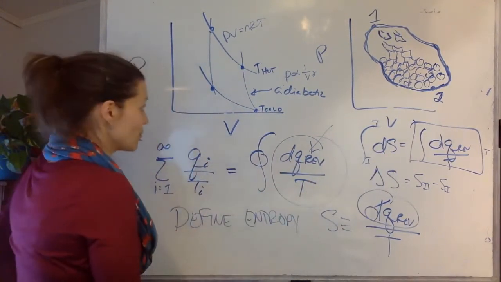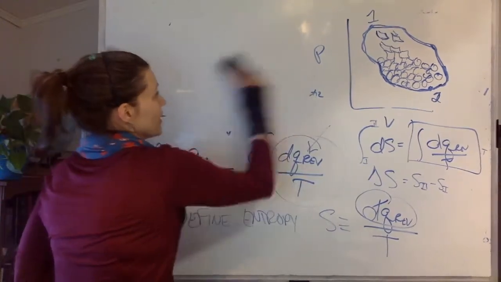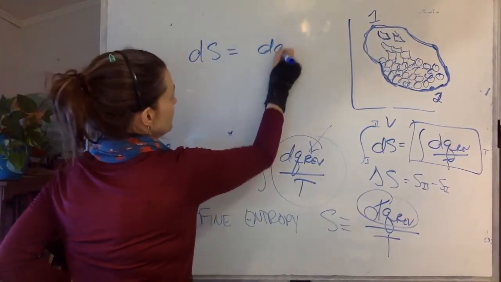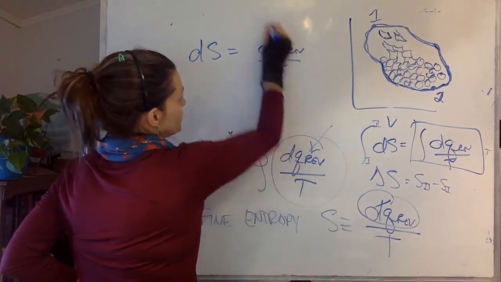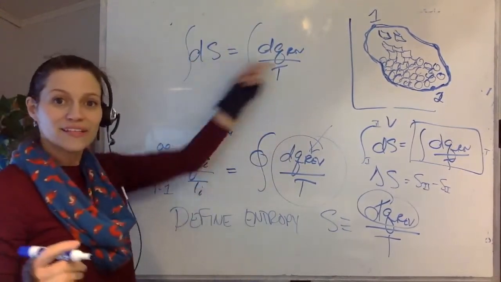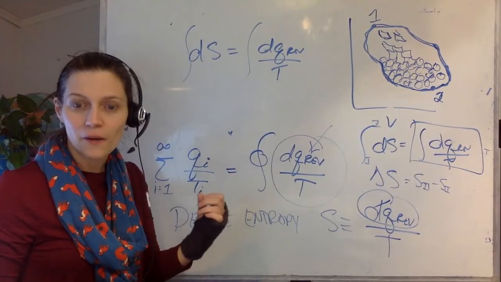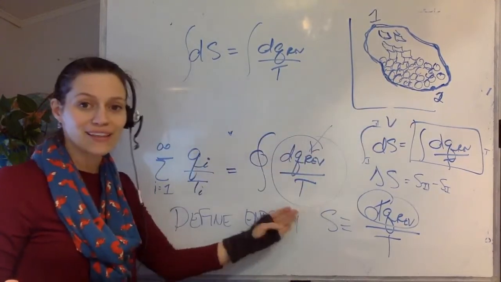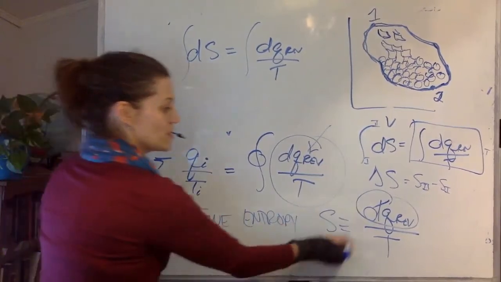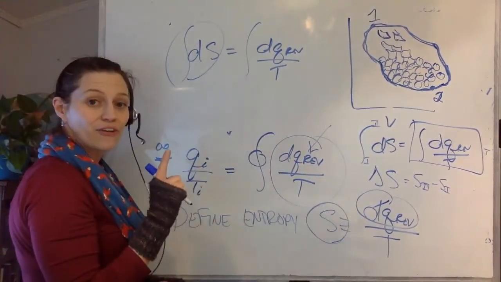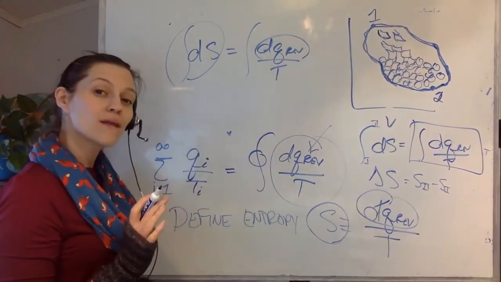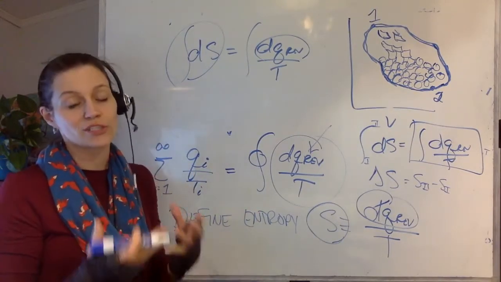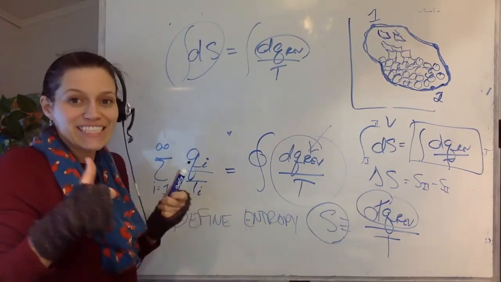You use the definition of entropy, S equals dq reversible over T. This is your start of entropy. It's the idea behind the Carnot cycle that helps us show that this side of the equation is a state function. This side may or may not be one, depending on the assumptions we're making and how we're constructing our system. Yay, entropy.